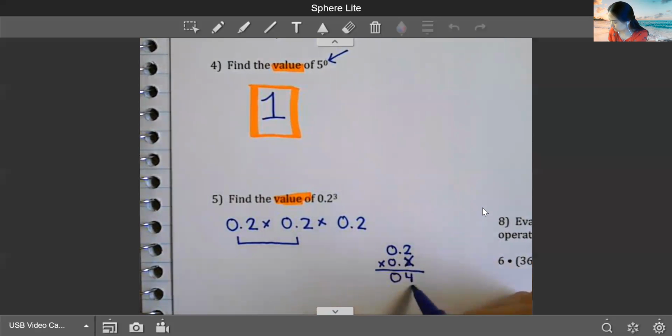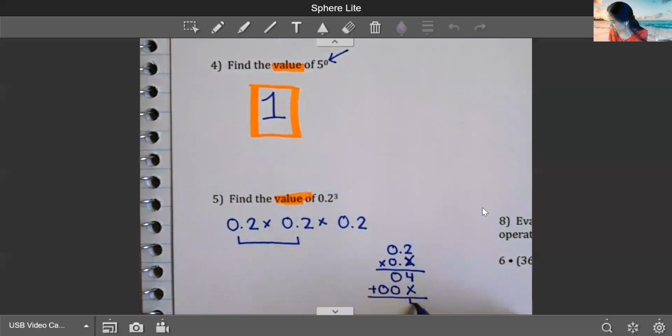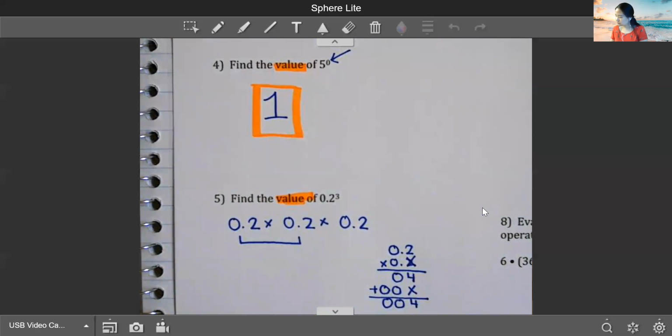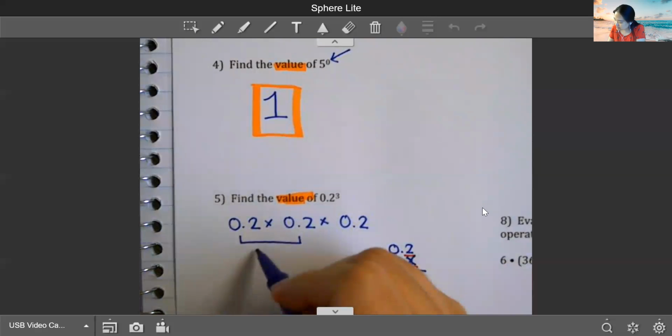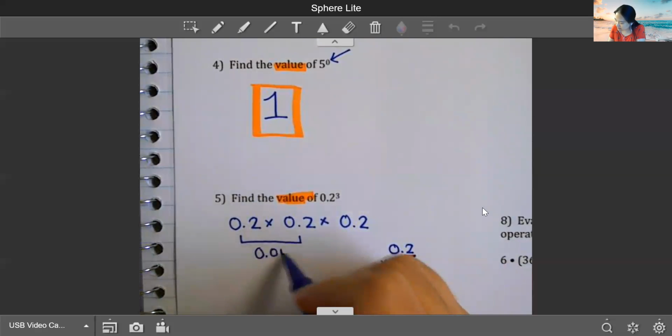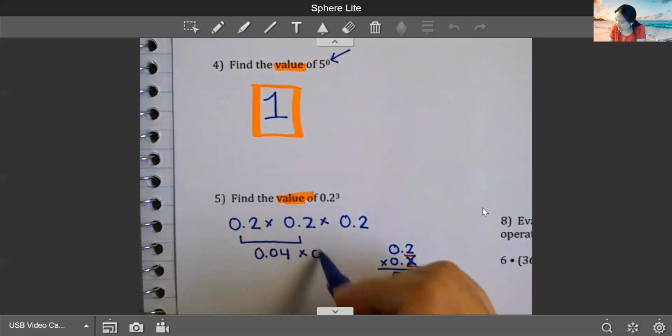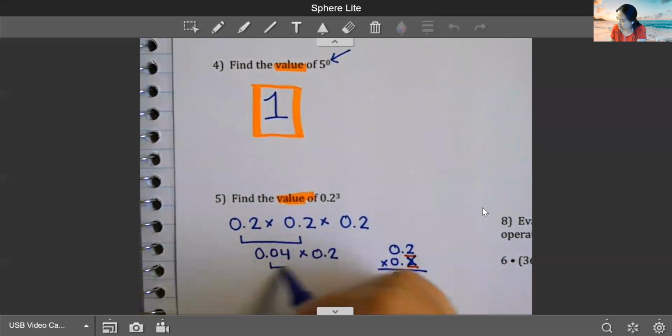I X out for the placeholder. 0 times 2 is 0, 0 times 0 is 0. Add them up. So I have 4, 0, 0. Notice I have 2 decimal places, 1, 2, so twice to the left. So I got 400.